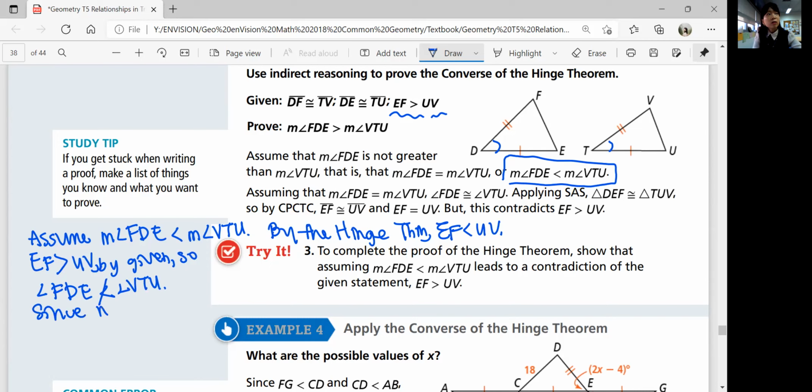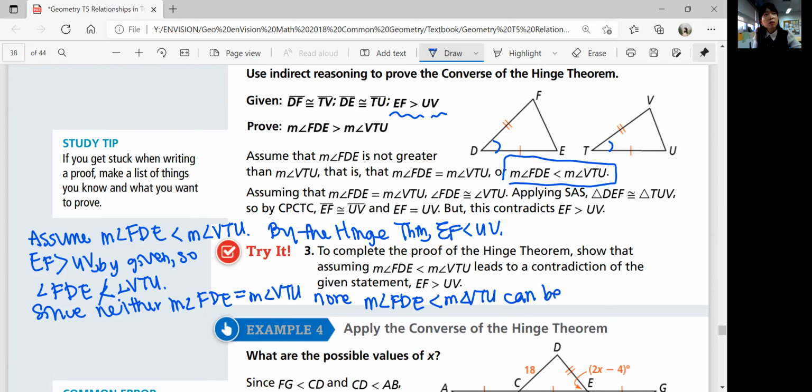Since neither the statement that measure of angle D is equal to measure of angle T, nor measure of angle D is less than measure of angle T can be true, what can we say?